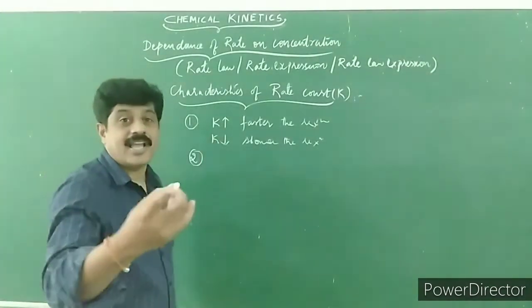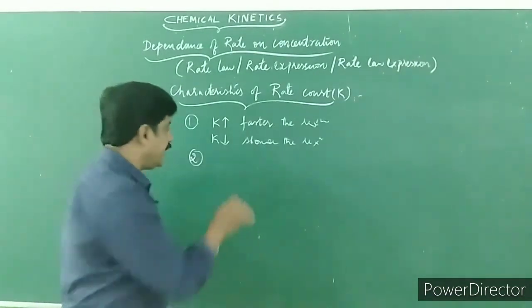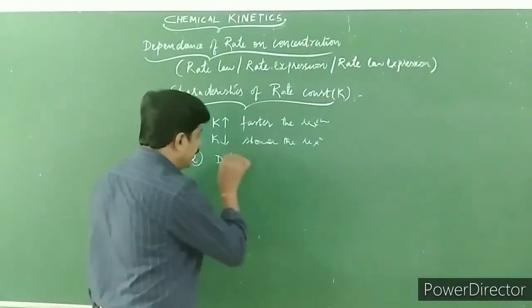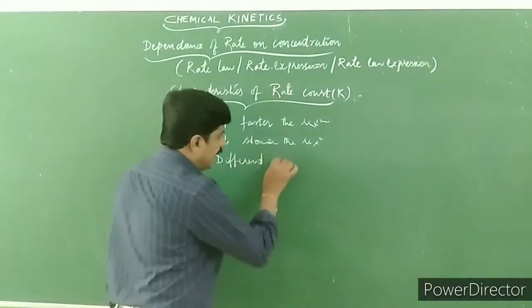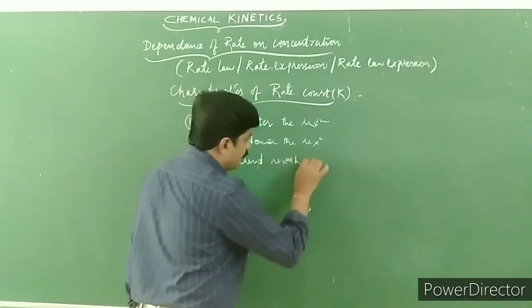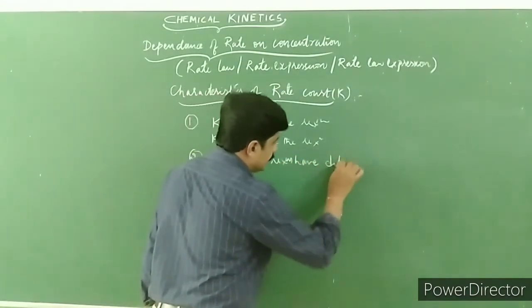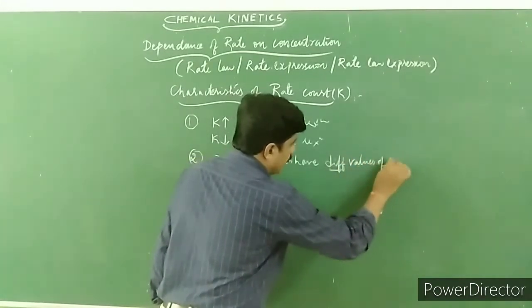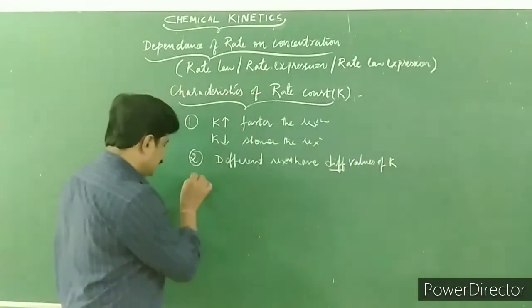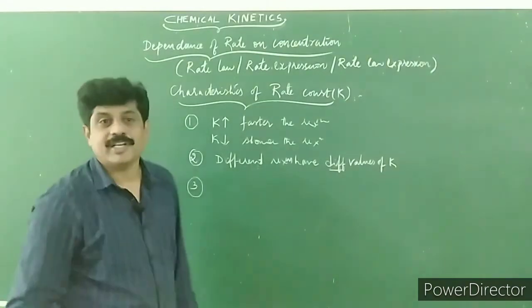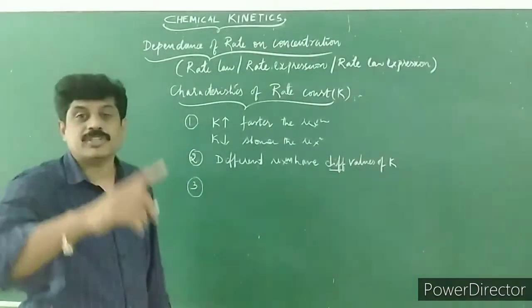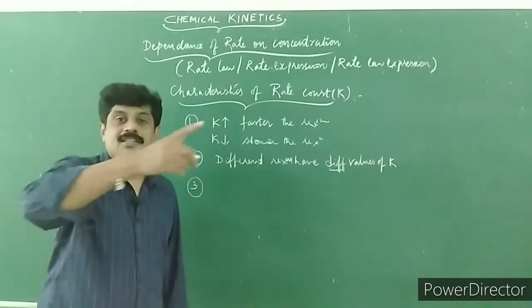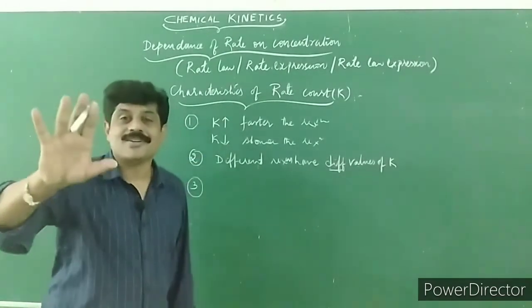Children, the second point is that different reactions have different values of K. Let me write, different reactions have different values of K. Third one, children, at a fixed temperature, the value of K or the rate constant remains constant.